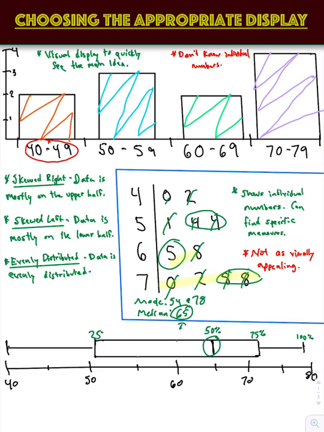It's my 25th percentile, or my lower quartile, just above 50. And there's my minimum. So the positives for a box and whisker plot are that it shows my percentiles, the quartiles, and is a visual display to see data skewing.